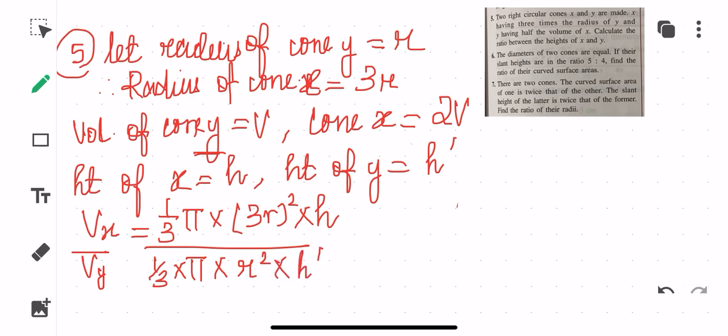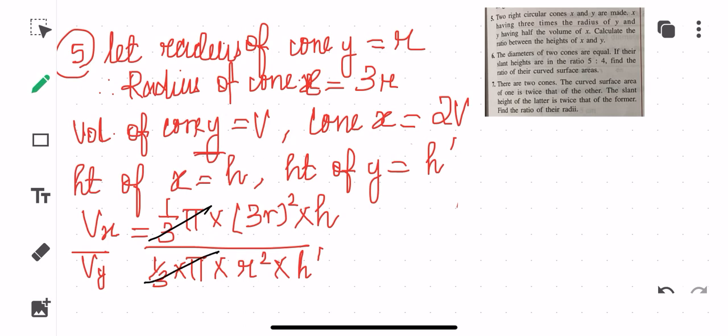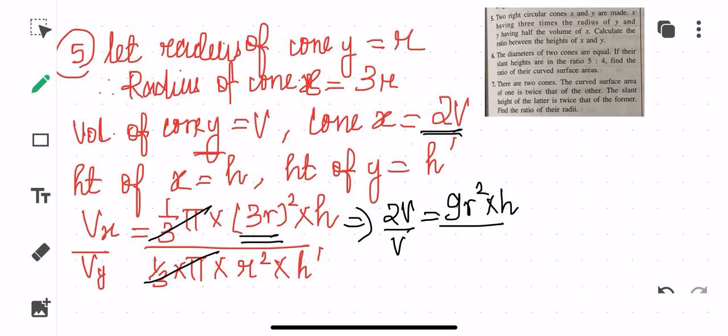So what do you see here, children? What are the things that are being cut? If you see this particular 1 by 3 is getting completely cut. Okay, so what you are getting, volume of x is equal to how much, children? You have taken as 2v. So write down 2v divided by v is equal to, if you expand this, how much are you getting, children? 9r square into h divided by r square into h dash.